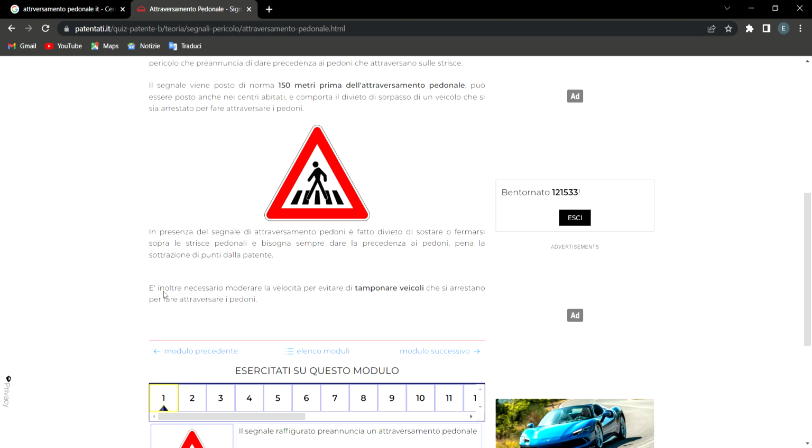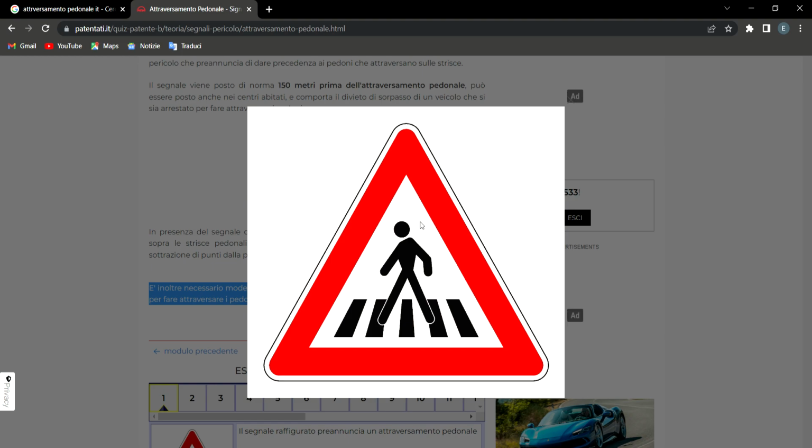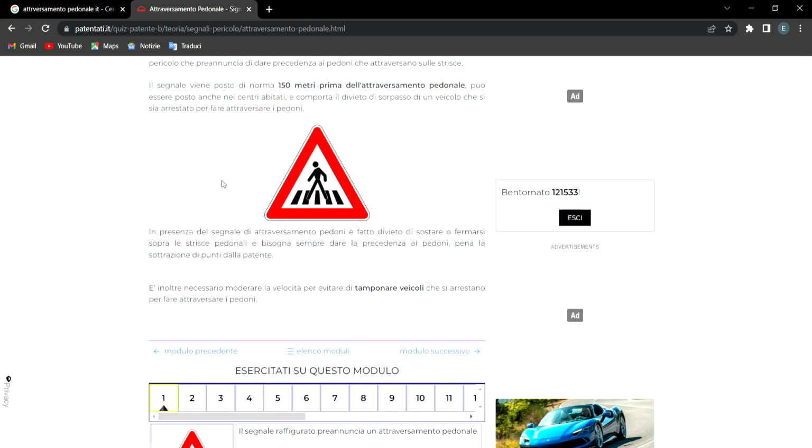It says inoltre è necessario moderare la velocità per evitare di tamponare veicoli. It's simply saying that in this part of the road that has the pedestrian crossing sign, when you are driving close to it, it's advisable for you as a driver to moderate your speed.